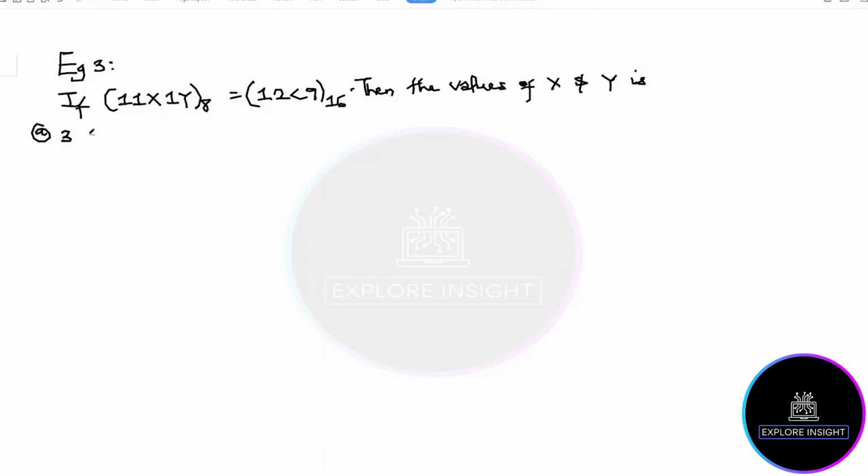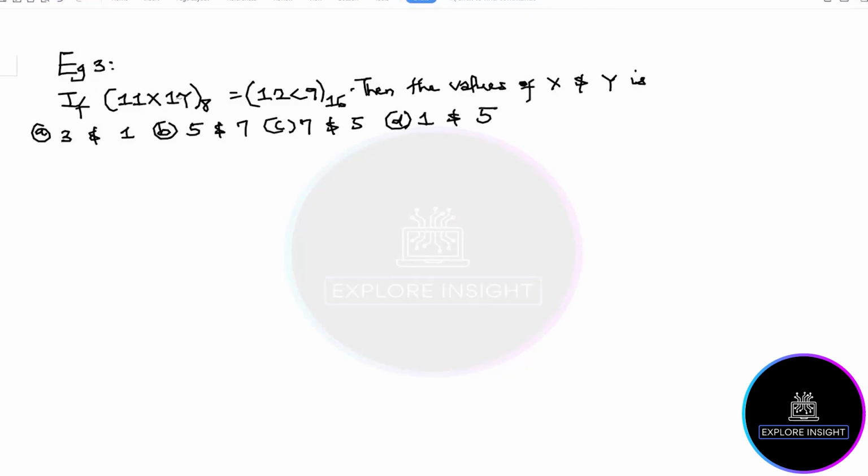A, 3 and 1. B, 5 and 7. C, 7 and 5. D, 1 and 5. So what does that mean? What will be the value of x and what will be the value of y?